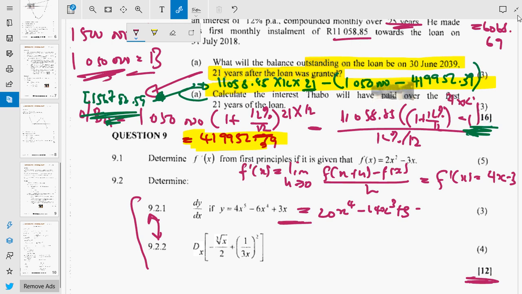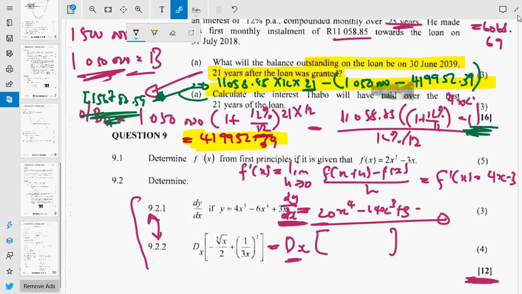You see here, I was getting a bit sloppy with my notation because this is wrong. I'm supposed to tell my examiner that dy over dx is equal to this value. So if you are sloppy with the notation here, you won't get the full 12 marks, as easy as it is. So again here, you must be very careful with your notation.